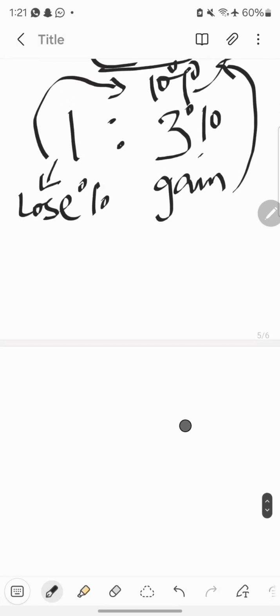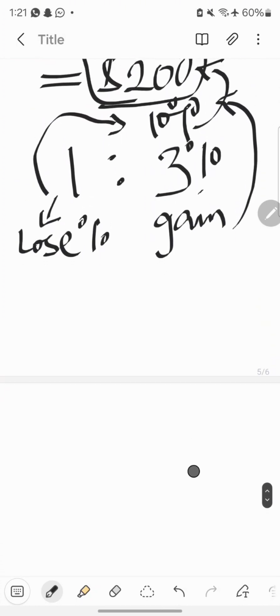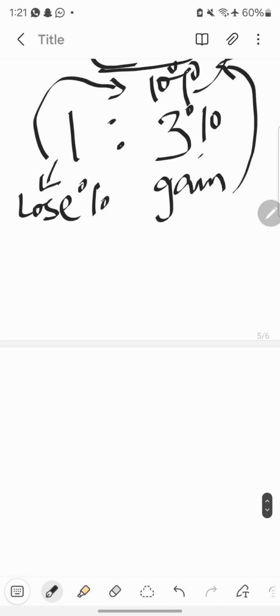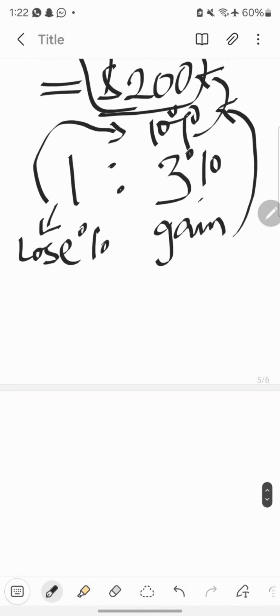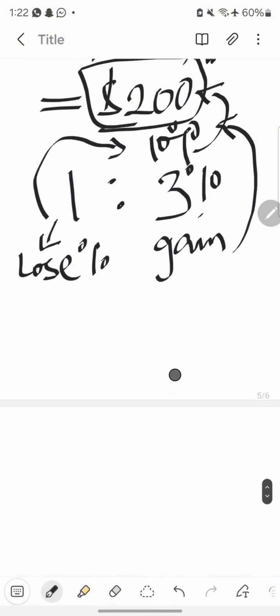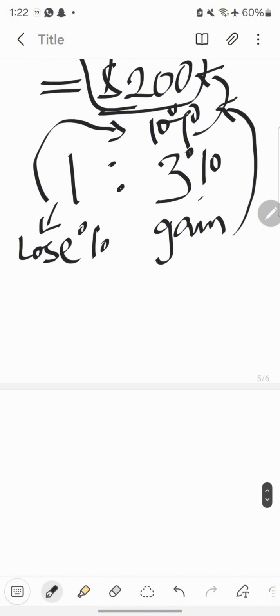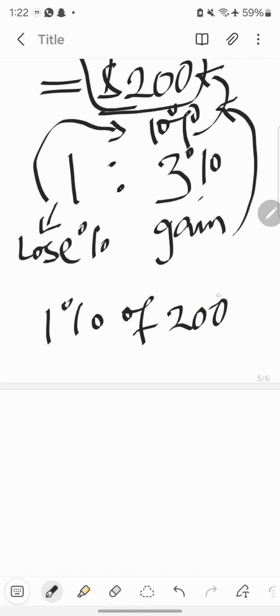So now, let's see how it works. I'll give you a practical example. I'll go to the chart and show you how it works. So now let's see what is 1% of 200 that we want to stake. You understand? This is our 10% that we pick.